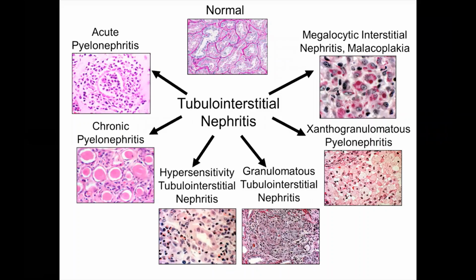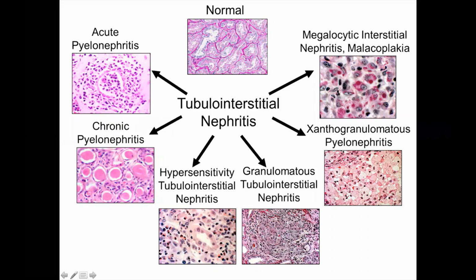I know in the books they say that with hypersensitivity tubular interstitial nephritis, especially related to drugs, we should have eosinophils, and maybe in the exam, the MCQ says there are eosinophils, so think immediately about drug reaction, hypersensitivity tubular interstitial nephritis, but not necessarily.